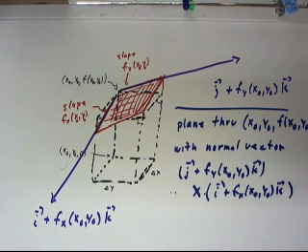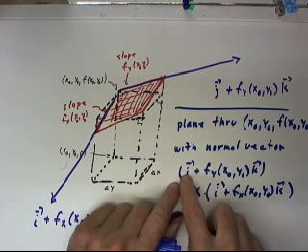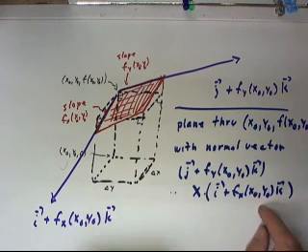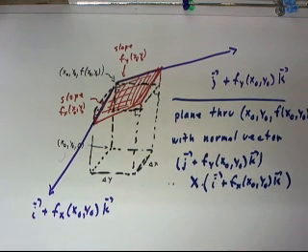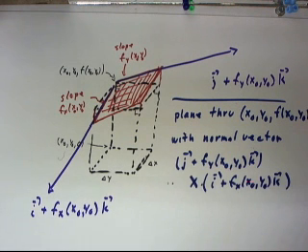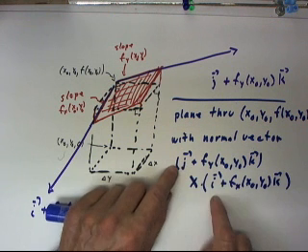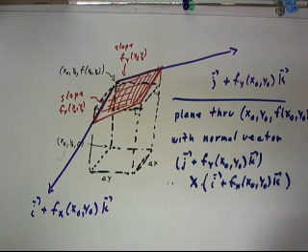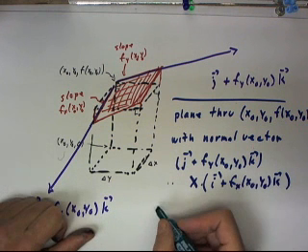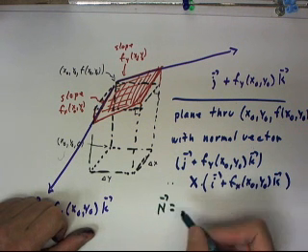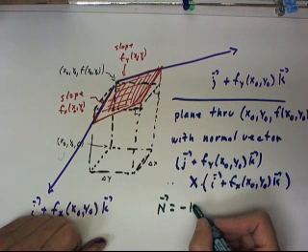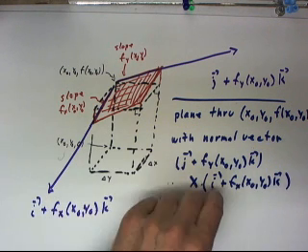Cross product is not difficult to calculate because in this case we have only two non-zero components of each vector, so we can use the determinant definition or we can use the distributive law. We could say this is j cross i. Well, j cross i, let's see, j is in the y direction, cross with i, that would be negative k. So this normal vector is first of all going to be negative k from the j cross i.